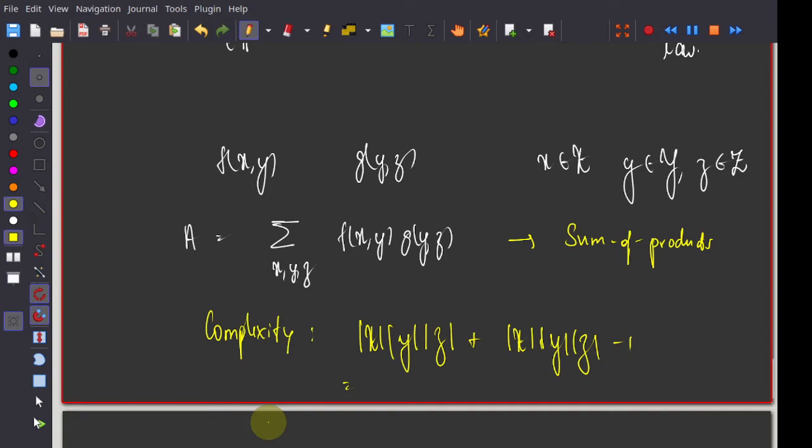So right now I'm just counting both addition and multiplication as taking the same complexity, but whatever it is, the total complexity is some constant times size of X times size of Y times size of Z.